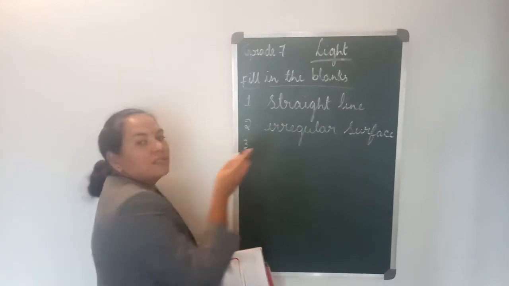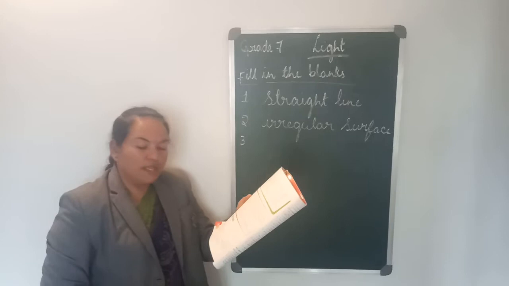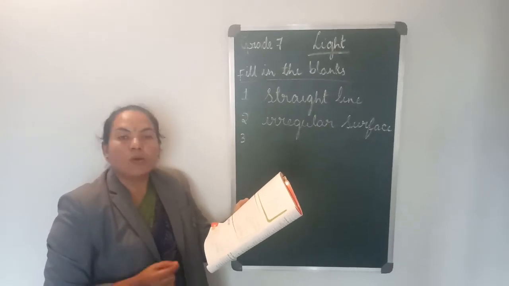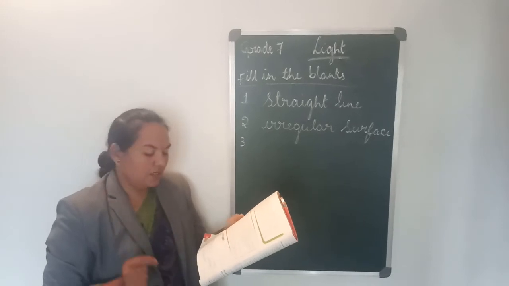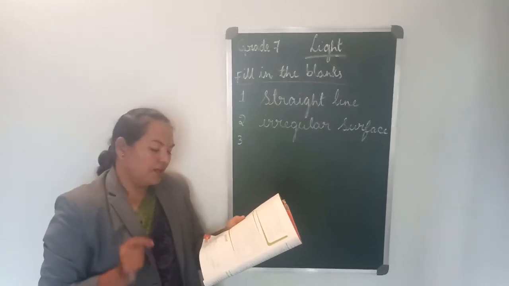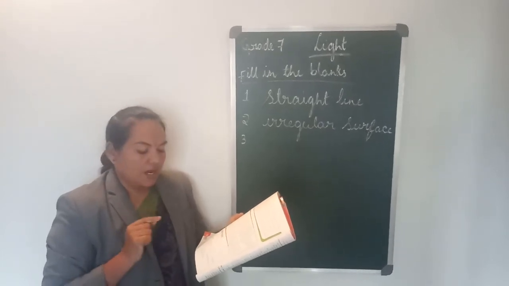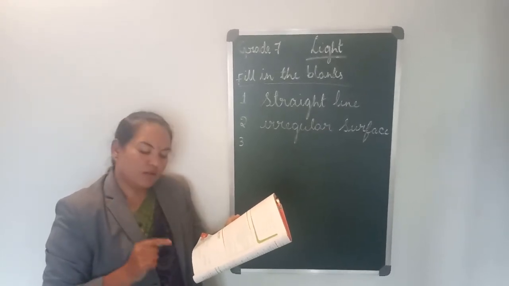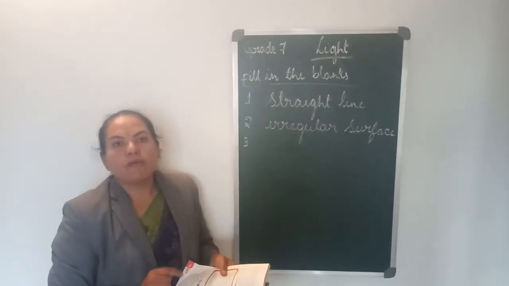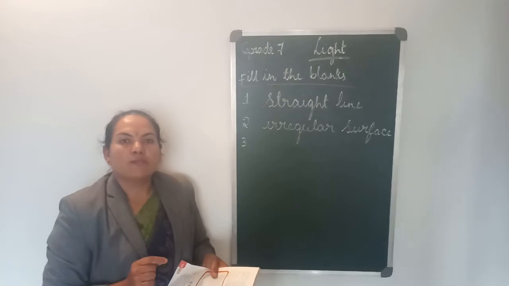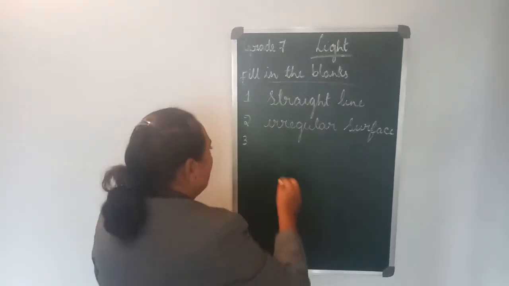Now let us see the third question. A convex mirror can only form dash images. Options given are real, virtual. Now, whenever we are speaking about convex mirror, it forms a virtual image. What is the answer?